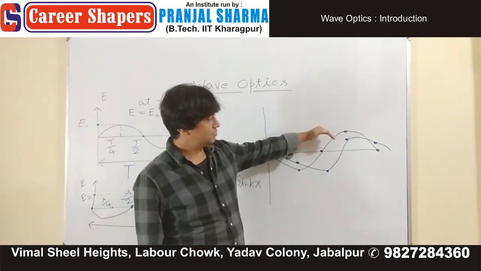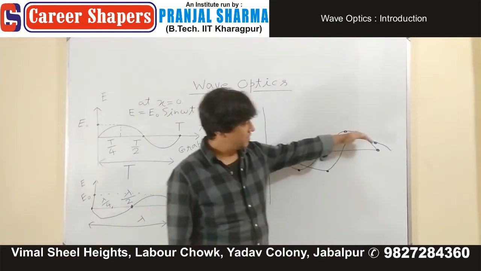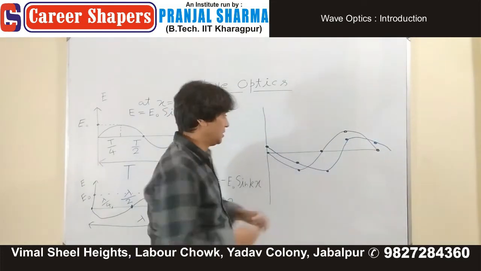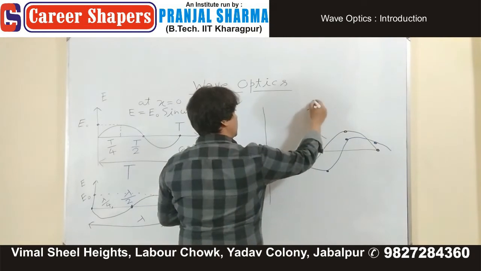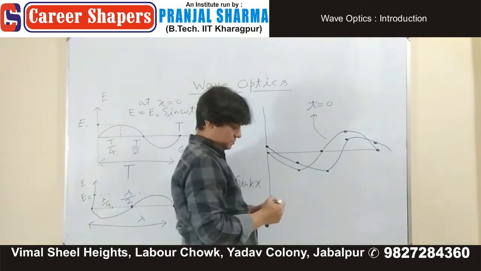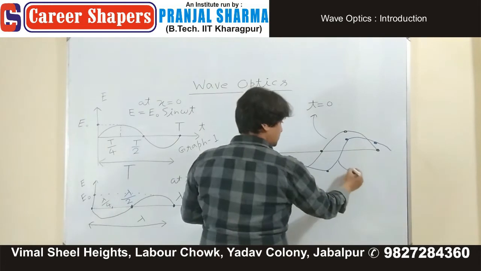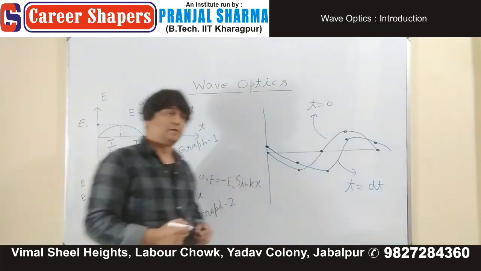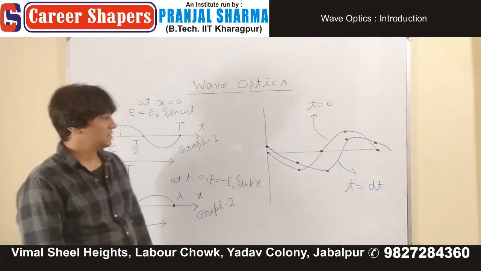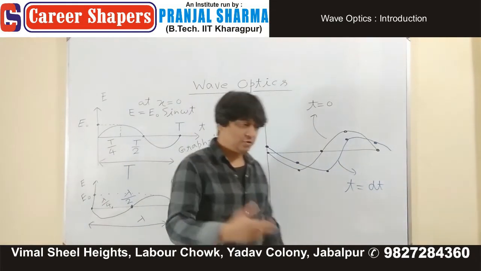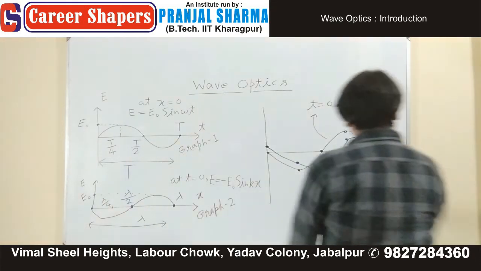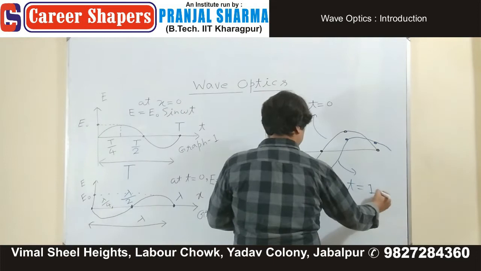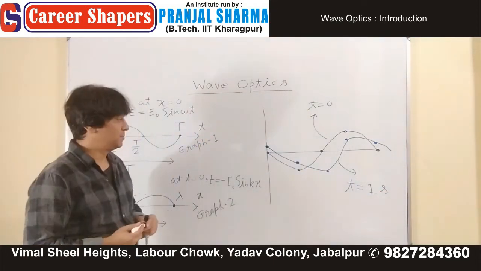Look at this black shape, and then it reaches this position. The wave is propagating in this direction. This is at t equals 0. This is when time is dt. Let's say after 1 second. You can say dt, you can say 1 second. Don't get confused with dt. Just for your understanding, let me say that this time is 1 second. After 1 second, this will be the shape.